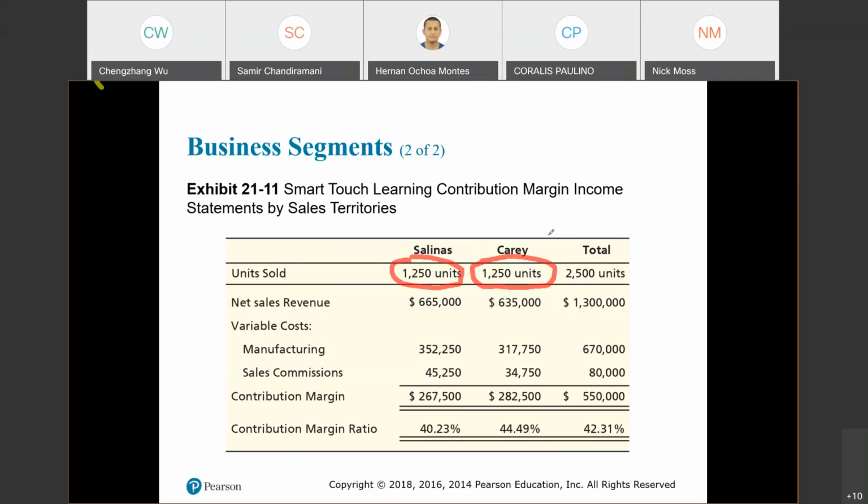So these differences result in different contribution margins, as well as different contribution margin ratios. As a reminder, contribution margin means sales revenue minus variable cost, and the contribution margin ratio equals contribution margin divided by net sales revenue.